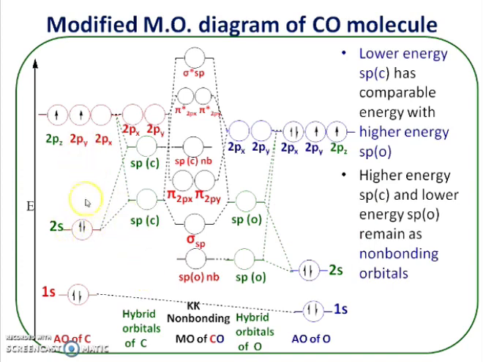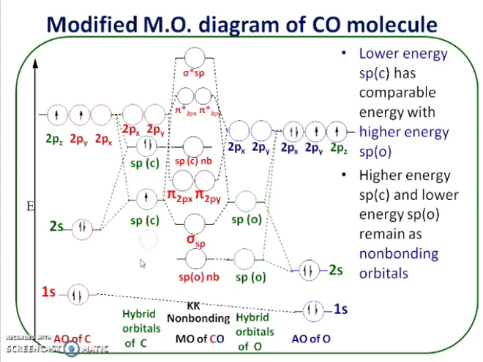Now before that, after hybridization, the electrons present in the 2s and 2pz orbitals enter the sp hybrid orbitals of carbon, and therefore in the lower sp hybrid of carbon there is 1 electron.